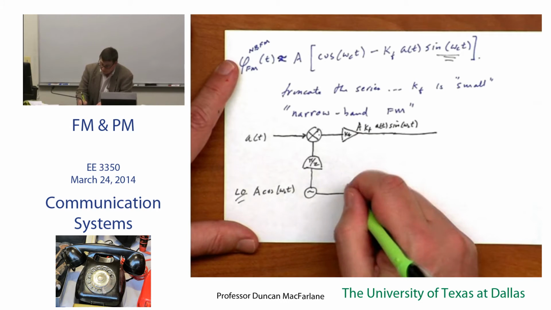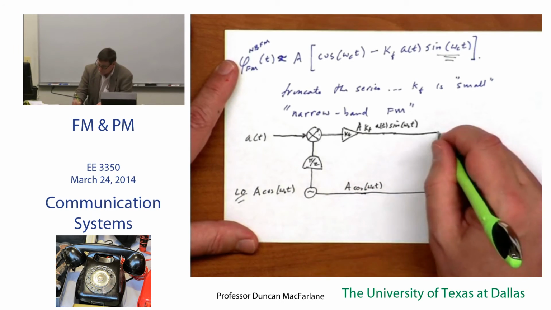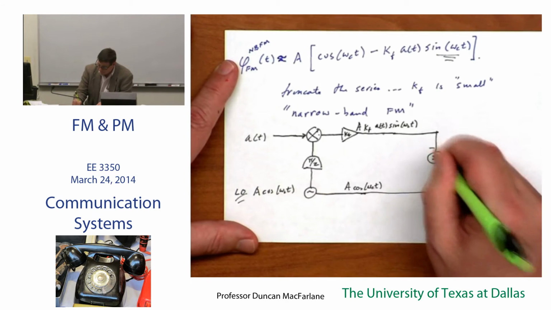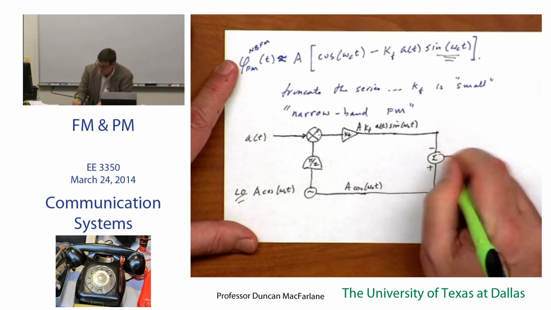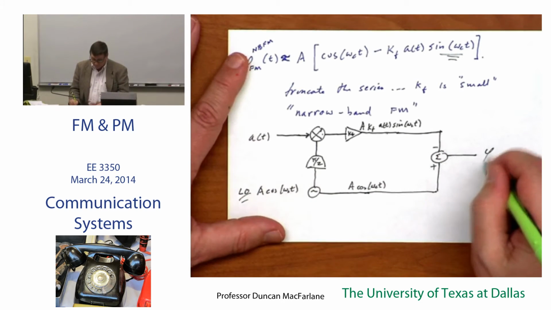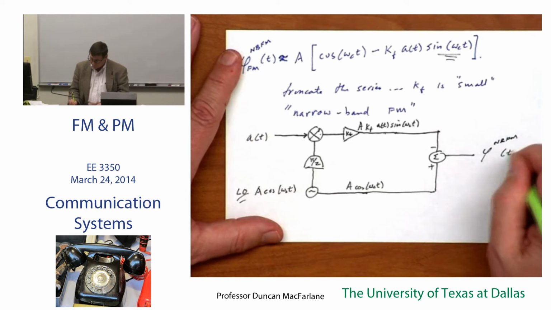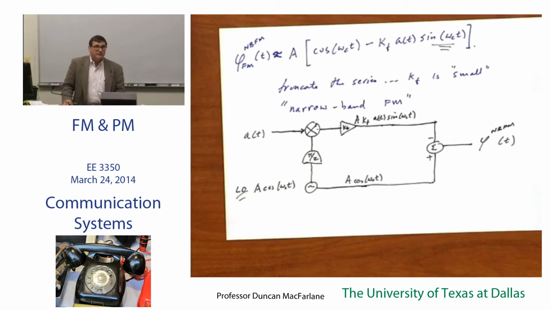And here I have A cosine of omega c t. So all I have to do is sum these together. And then I have psi narrowband FM as a function of time. So from a realization perspective, I can realize this. And this is narrowband FM.